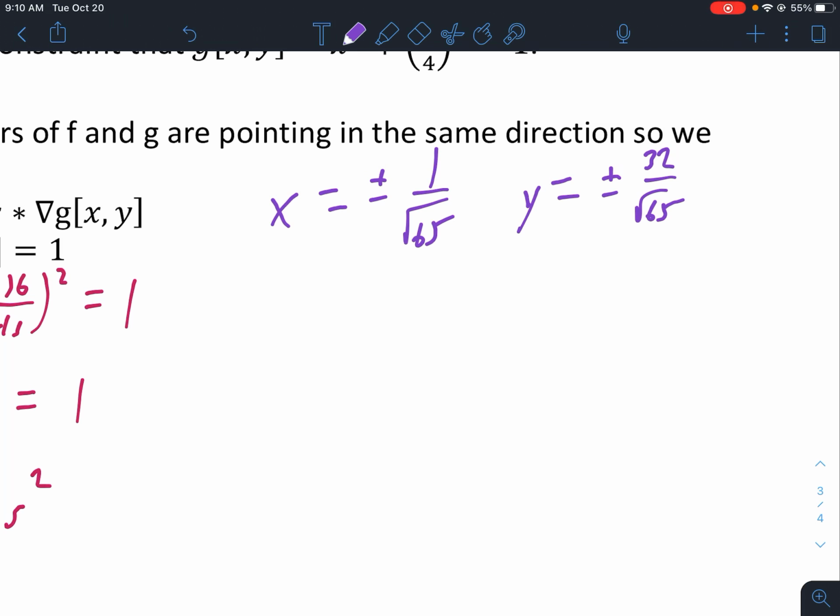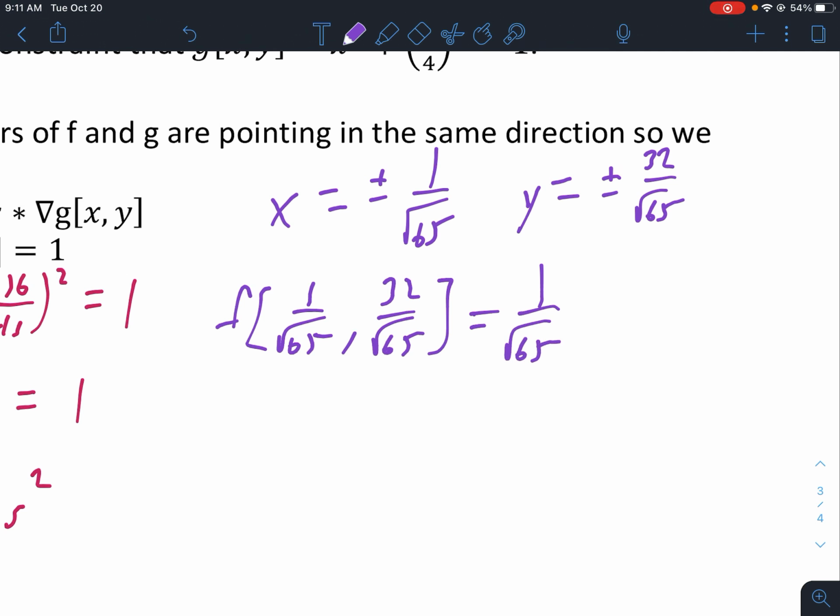If we put in this point, you can go through the work of putting that into f. It's just x plus 2y, so it'd be 1 over root 65 plus 2y, so 32 over root 65.